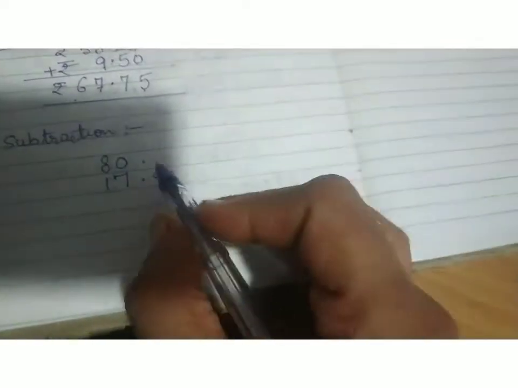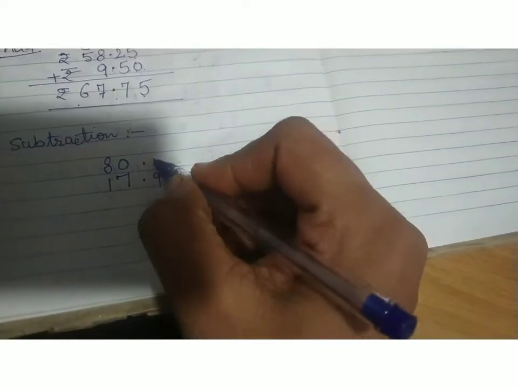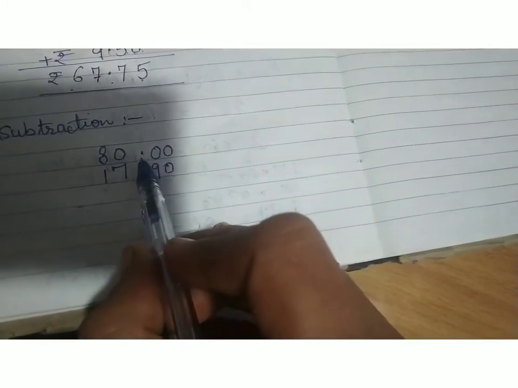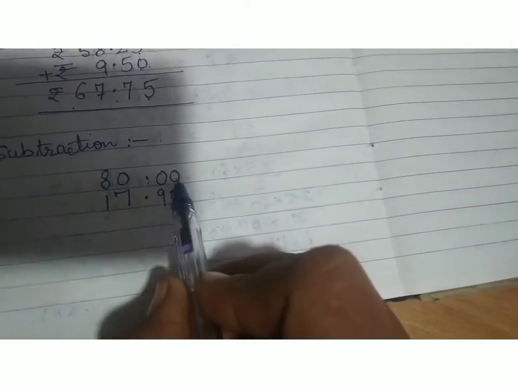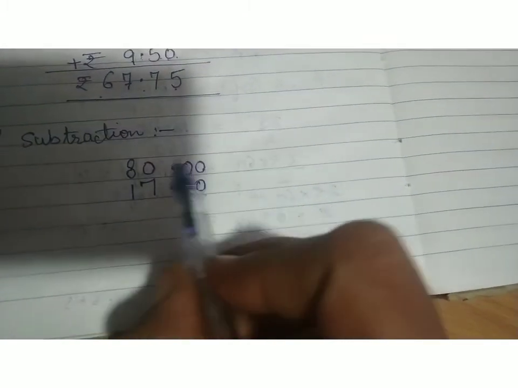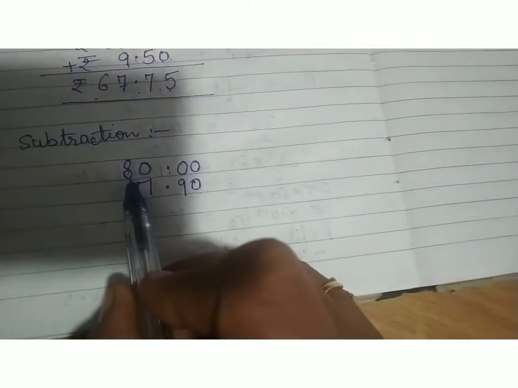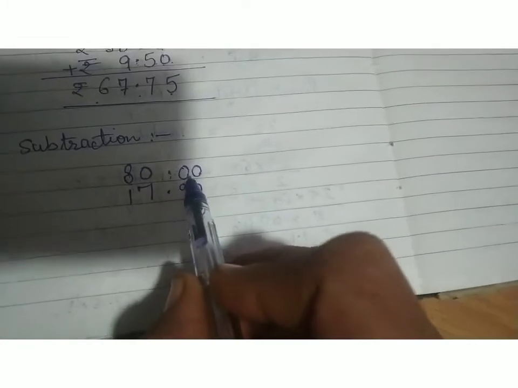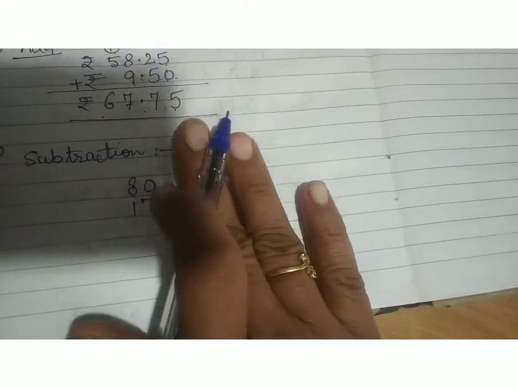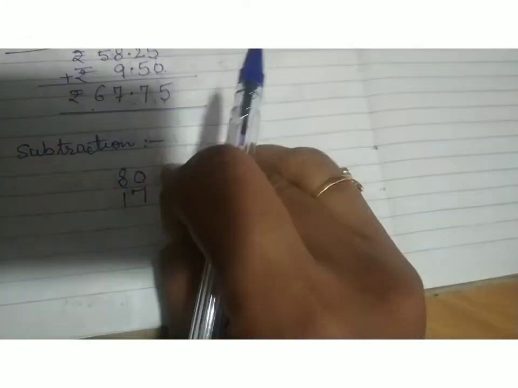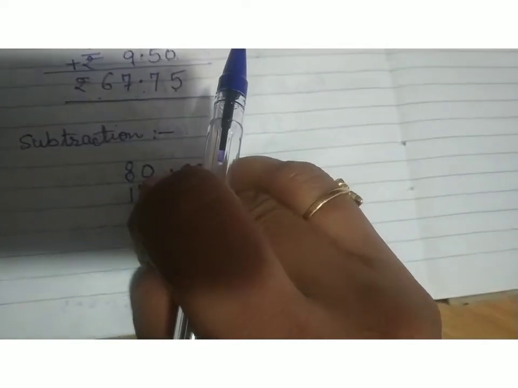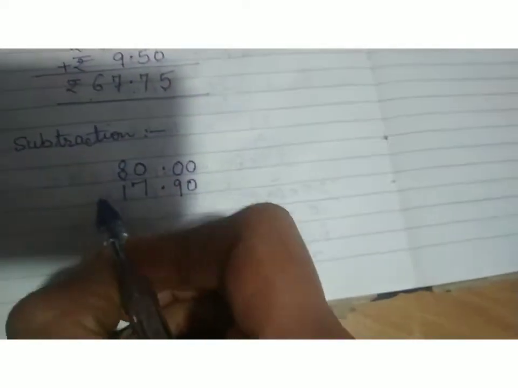Because nothing is given over here, I can write 00. Children, if after the decimal I put 0, that does not affect the number. Okay, because it becomes 80.00. If I remove these zeros, the quantity will still remain the same, that is 80. Okay, so I will subtract it.